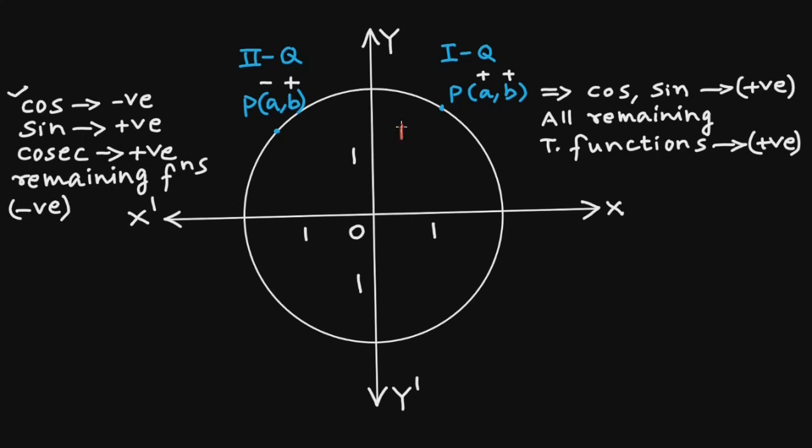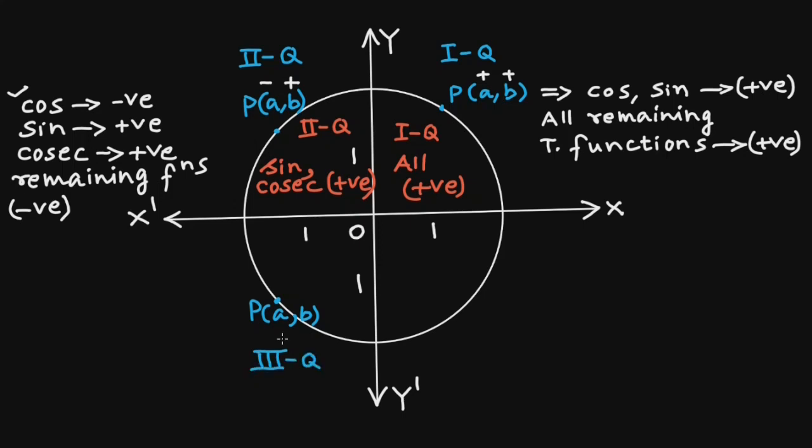So in the first quadrant, all trigonometric functions are positive. In the second quadrant, sine and cosec functions are positive and all remaining functions are negative. If the point P (a, b) lies on this unit circle in the third quadrant, both a and b will be negative.